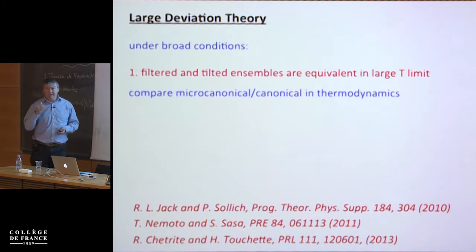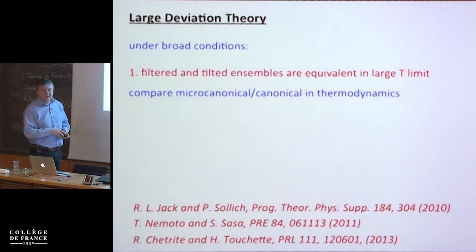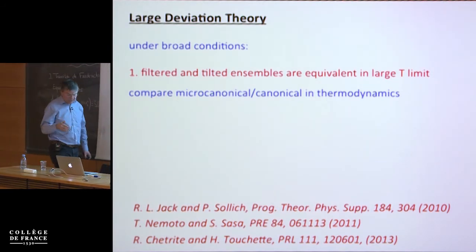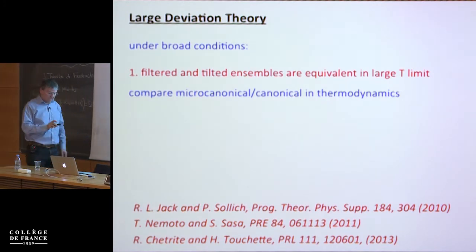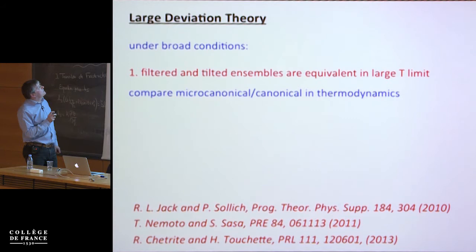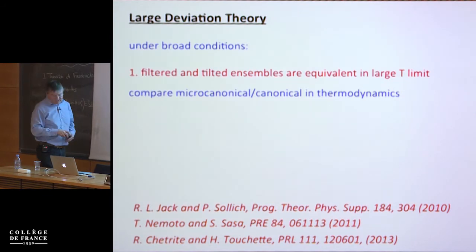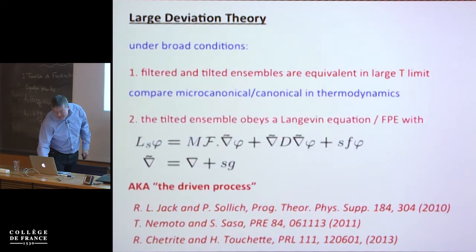First one is that if I am in this regime of systematic unlikelihood, so for instance with my coin tossing, that I am in a regime where I'm systematically away from 50% heads, 50% tails, then the filtered and tilted ensembles become equivalent at long enough times. So that is very similar to the thermodynamic limit in statistical mechanics.